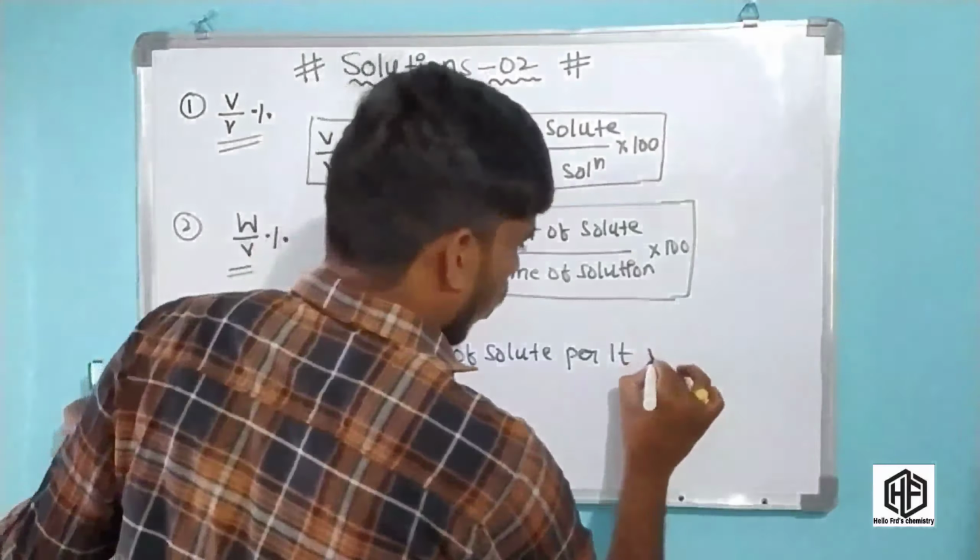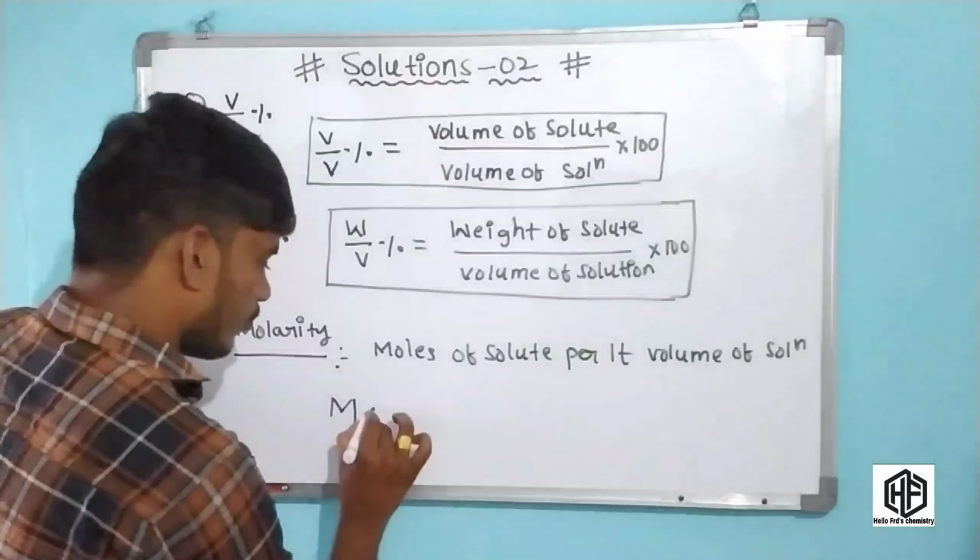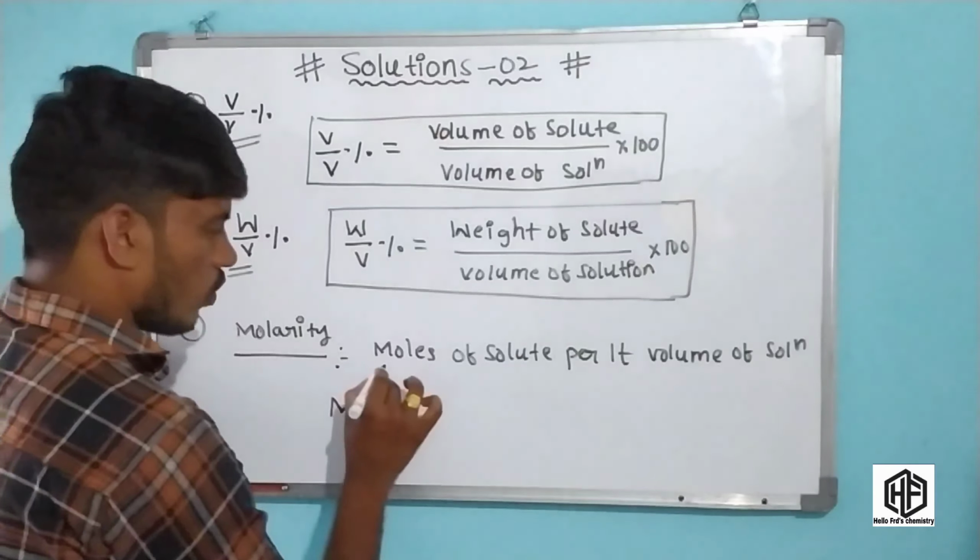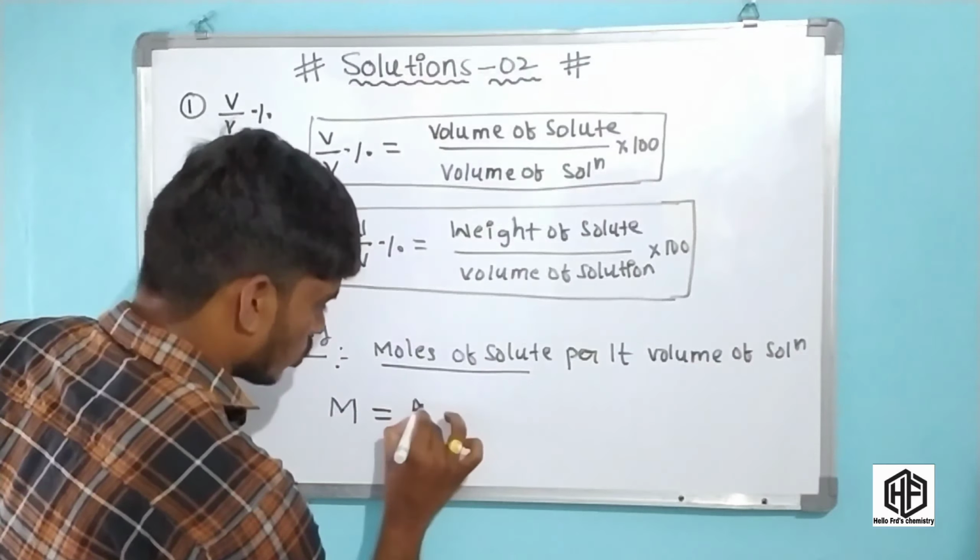Now molarity is represented by capital M, equal to moles of solute by volume of solution. Moles of solute is represented by n.